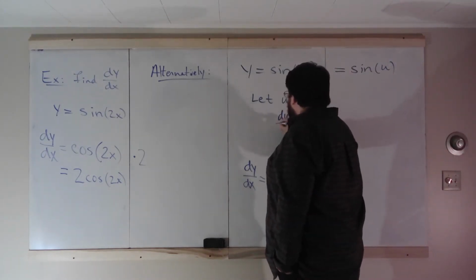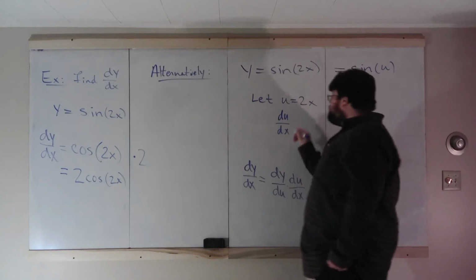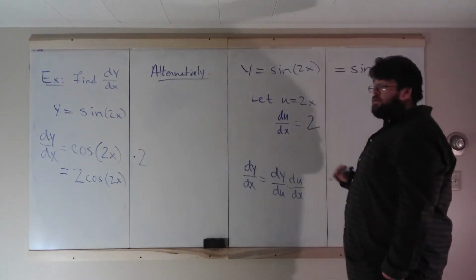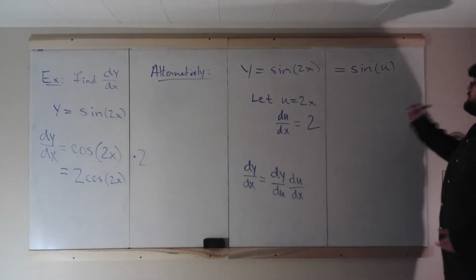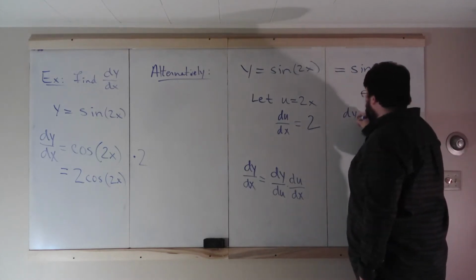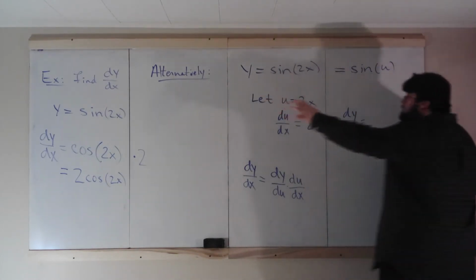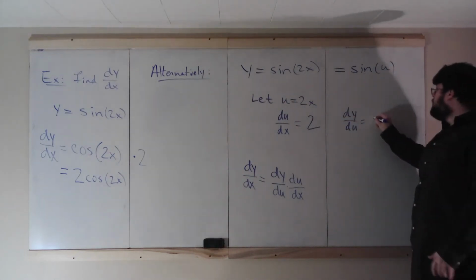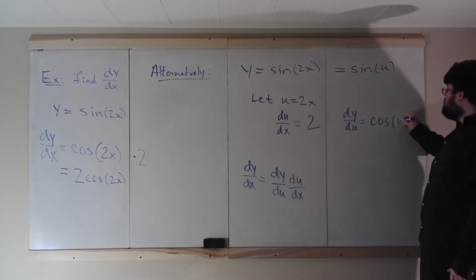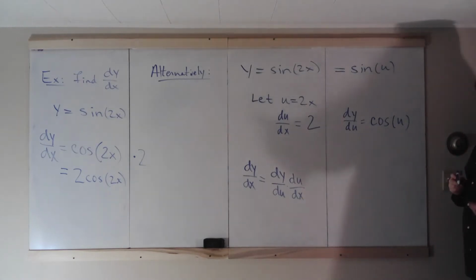Du dx, the derivative of u with respect to x, is just 2. Dy du: y equals sine of u, derivative of sine is cosine. So dy du is cosine of u.